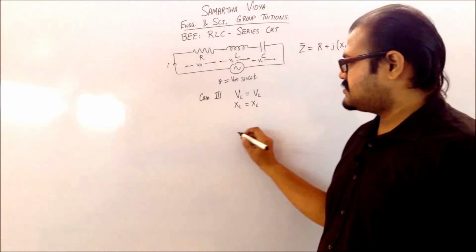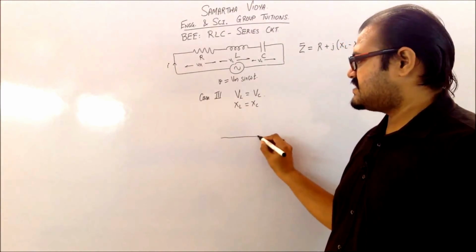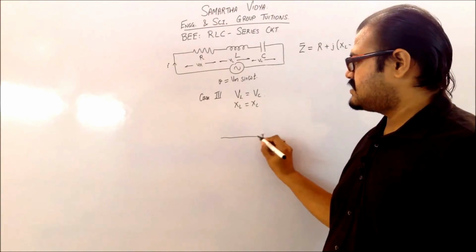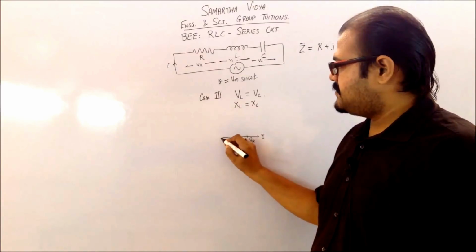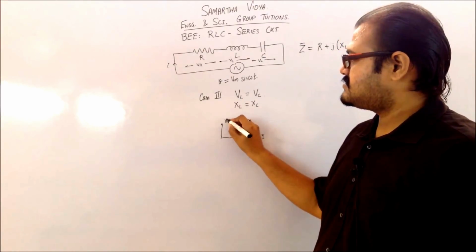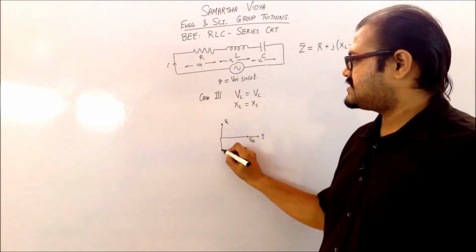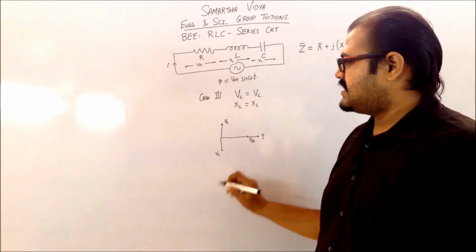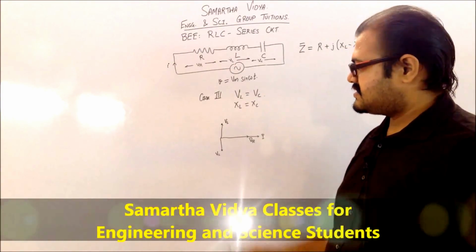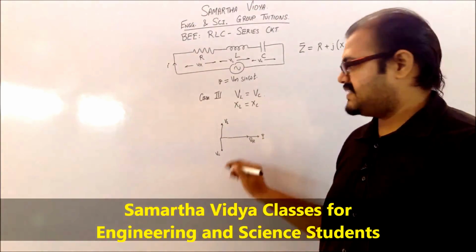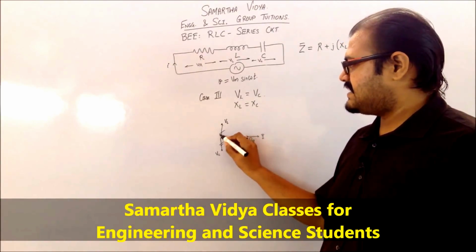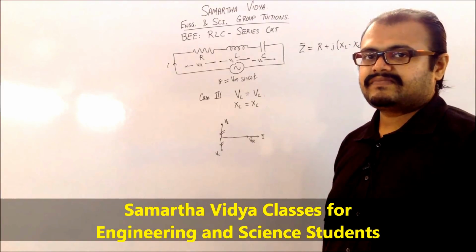So when we start to draw the phasor diagram, we will obviously start with the current. We will be having our VR on this. We will be having our VL and our VC. Now what you need to observe here is that both of them are equal in nature. That means that they will be basically cancelling each other.